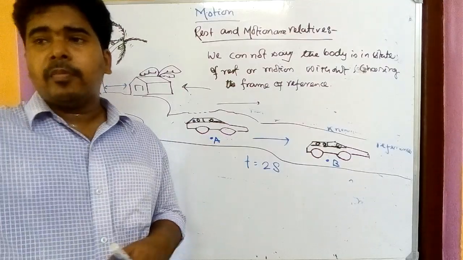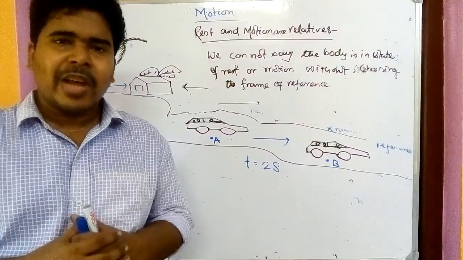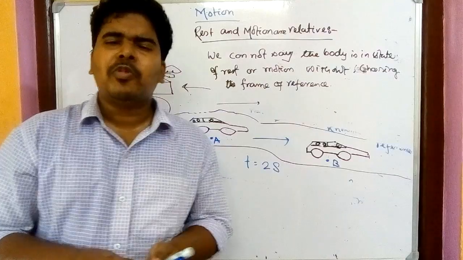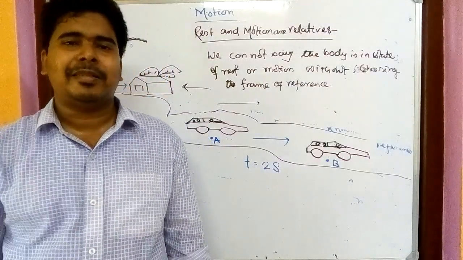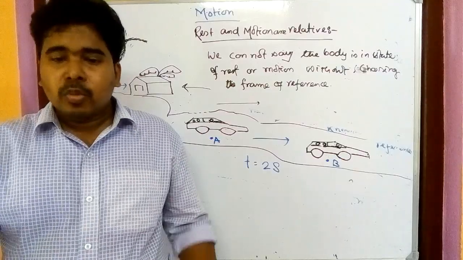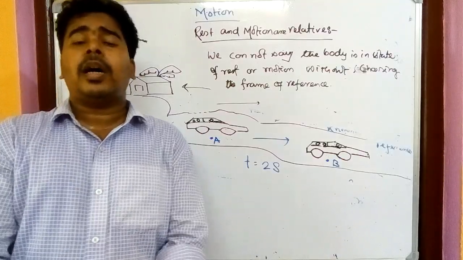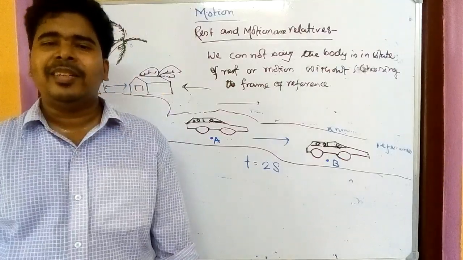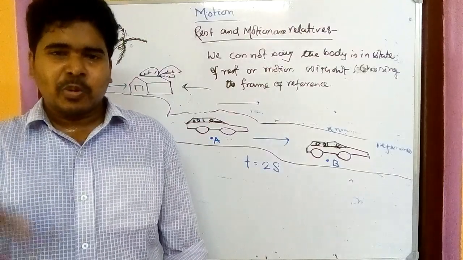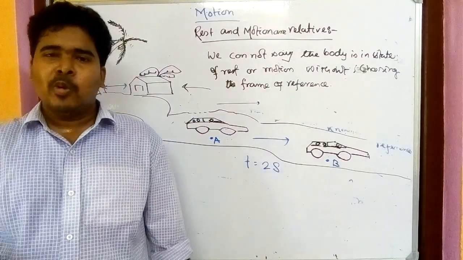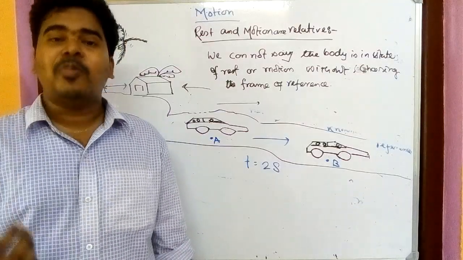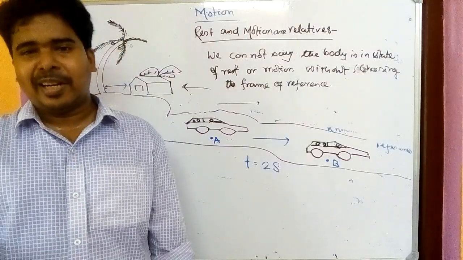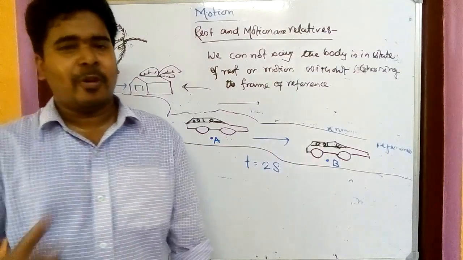We are not going by the road. That means we are static. But we all know our earth is moving around the sun. As we are all staying on the earth, if the earth is moving, we all are moving. So nowadays it is a time we have to enjoy the moving of the earth. We will not move outside the room. So that is also one kind of message from motion.